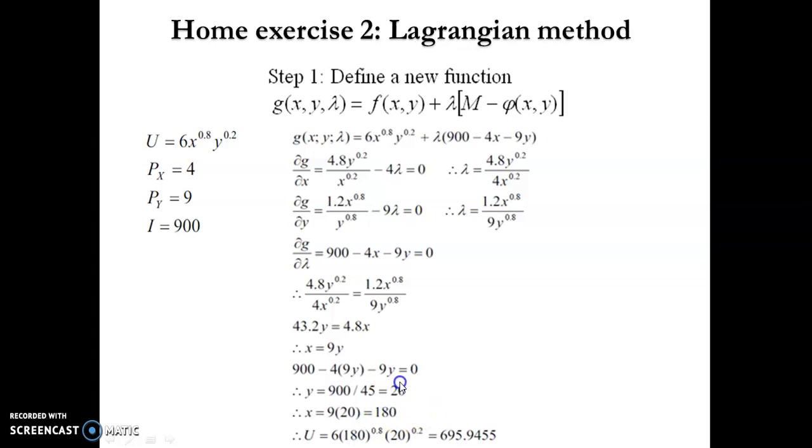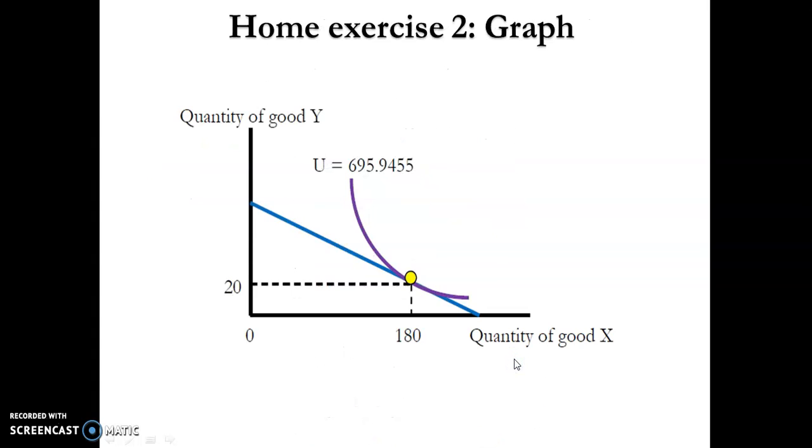And if you substitute your combination of y and x into your utility function, you get the same answer of 695.9455. So this is a somewhat faster method to solve for x, y, and your utility. Now, if we just plot this, we can see our quantity of good y was 20 and our quantity of good x was 180, and that point of tangency is given over there.